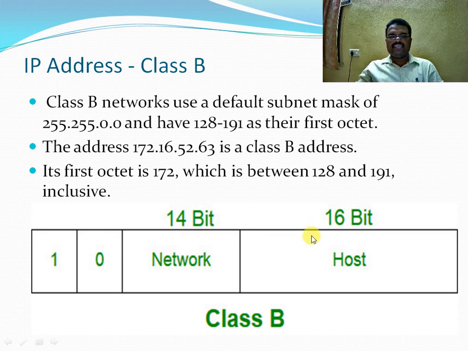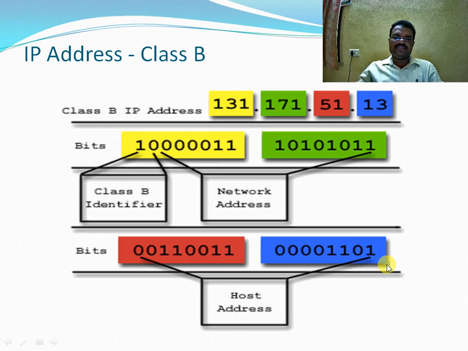So out of 32 bits, the first 2 bits, 10, identify it as a class B address, and after those 2 bits, 14 bits are used to identify the network and 16 bits are used to identify the host in class B.